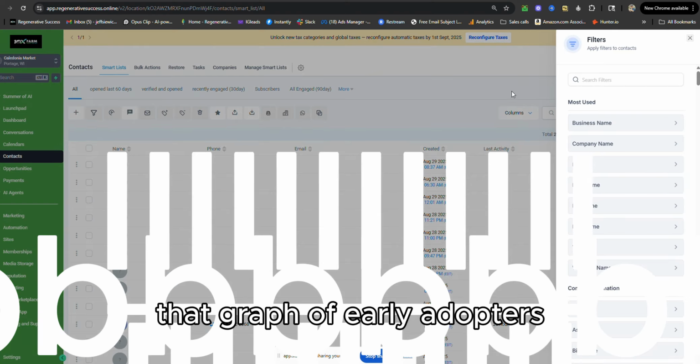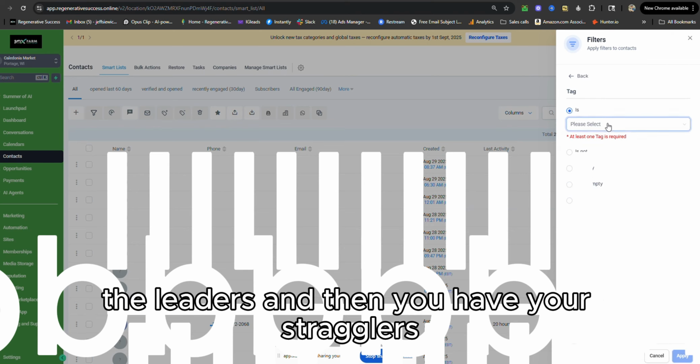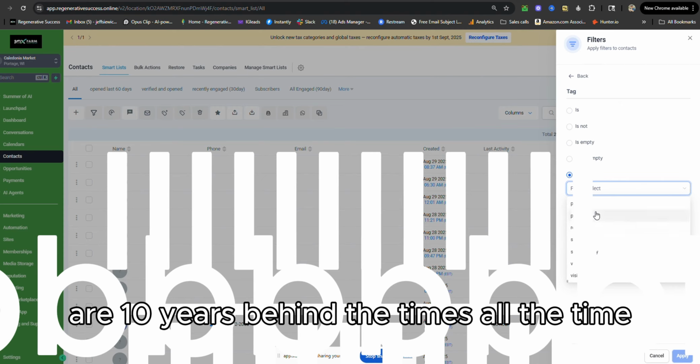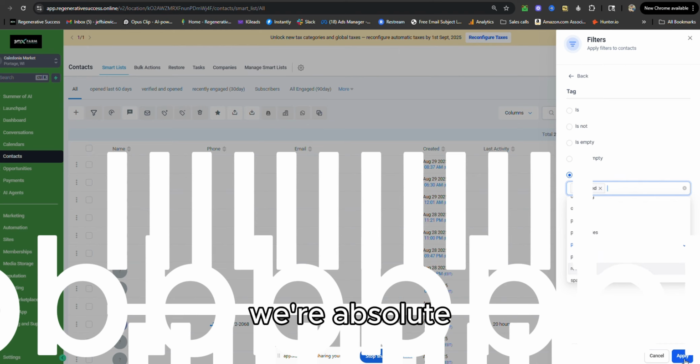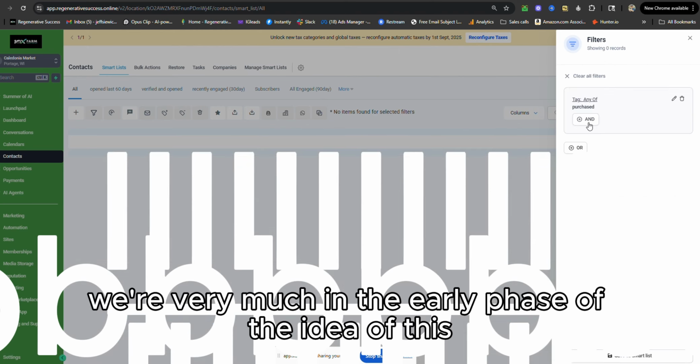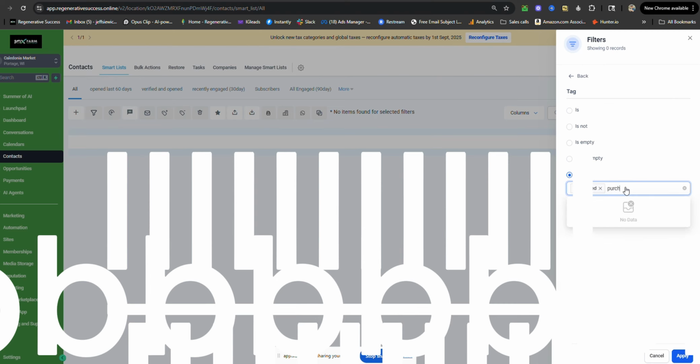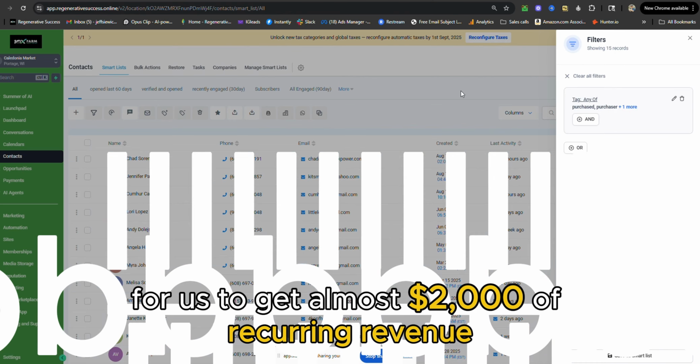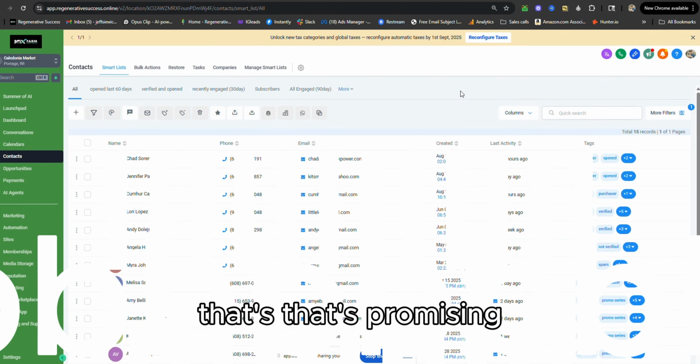I don't know exactly, like that graph of early adopters and then the leaders, and then you have your stragglers, and then you have your people who are 10 years behind the times all the time. So we're very much in the early phase of the idea of this. That's why for us to get almost $2,000 of recurring revenue, that's promising.